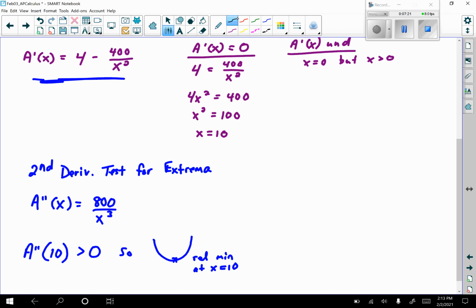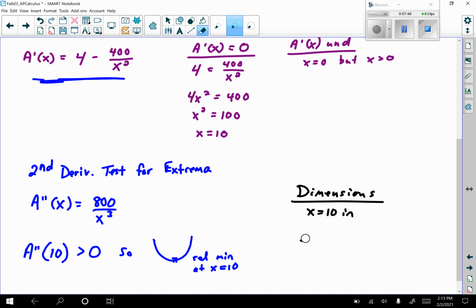So again, the question was, what overall dimensions? So all we're after are the dimensions. So we'll write this out. All right, so I already know x is 10 inches. y is equal to 50 over x, or since we already have them in terms of x, that means the width of the poster, that's going to be the x plus 8.